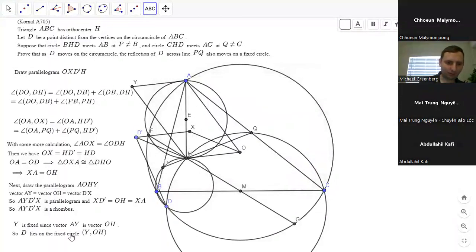All right, so we have time for one more problem. Yeah, so a lot of parallelograms here. A, Y, B prime X. XD prime equals X, OH, XD prime equals O, this should be YA.